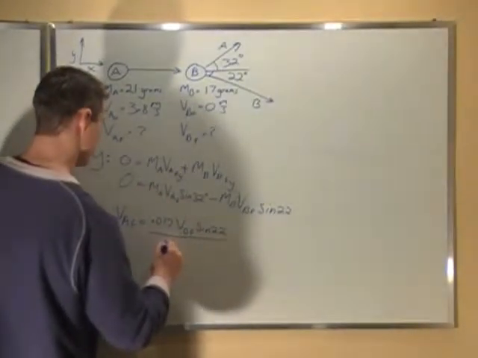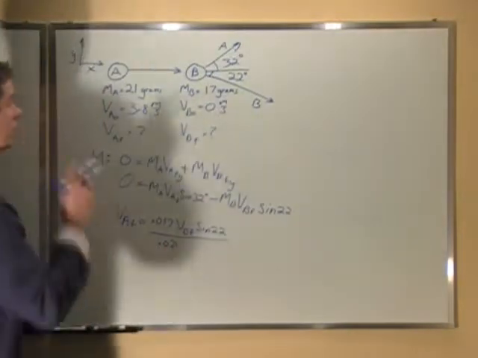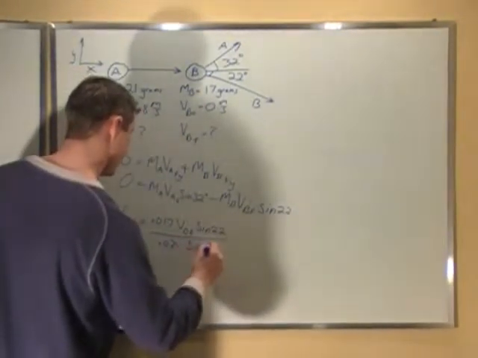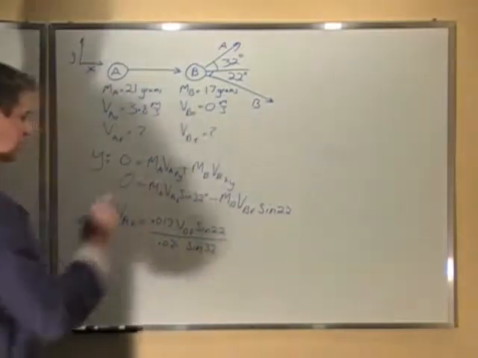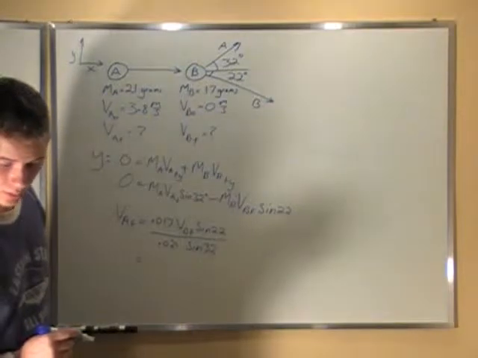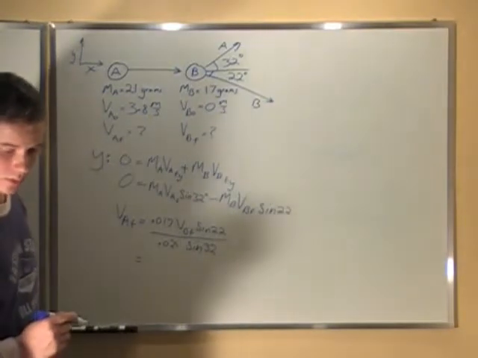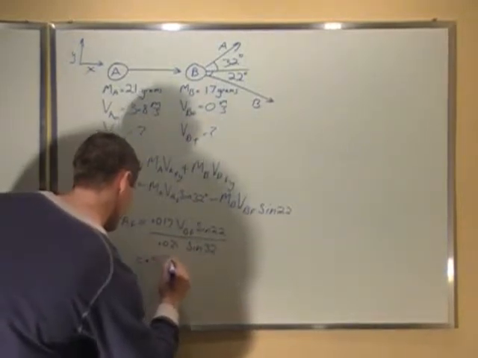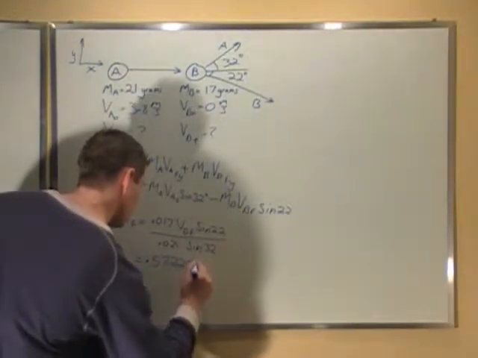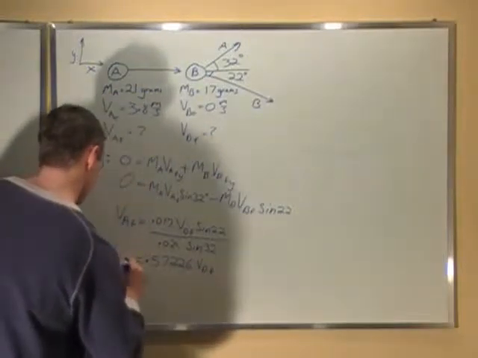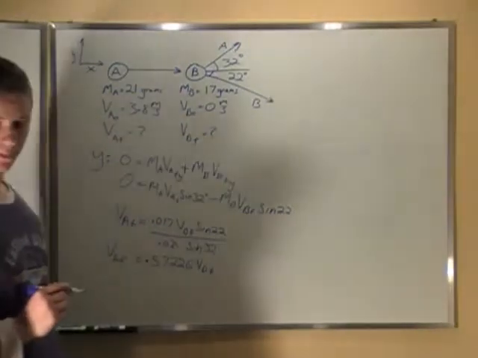So mass of A is 0.021 kilograms times sine 32. Multiply that out, and that gives you an answer of 0.57226 VBF. So that's VAF in terms of VBF.